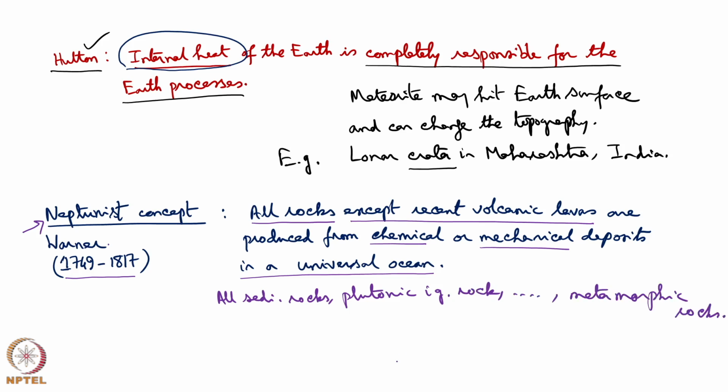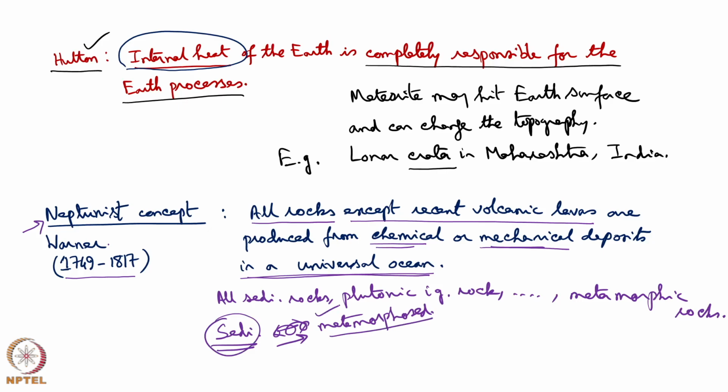Now, once we say chemical and mechanical deposition in a universal ocean, this means that once the sedimentary rocks got deposited, they might get metamorphosed. So, that takes care of the metamorphic rocks. These rocks might get molten. So, possibly the Neptunist view says that igneous rocks can also come from sedimentary rock by melting. Now, this is again a simplistic view.